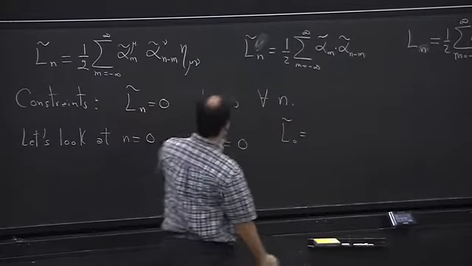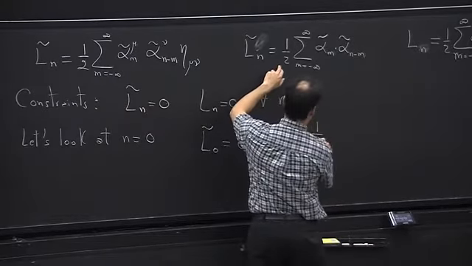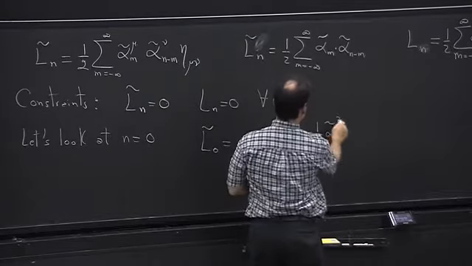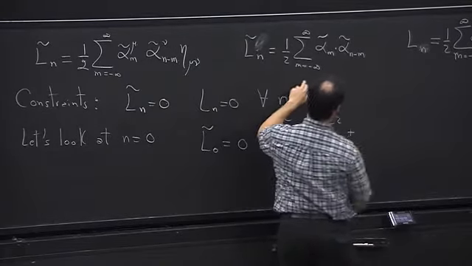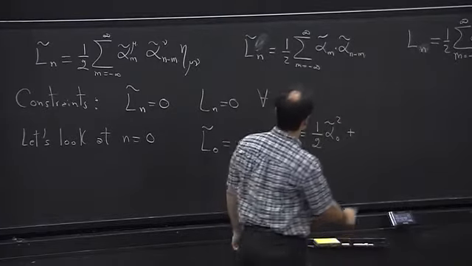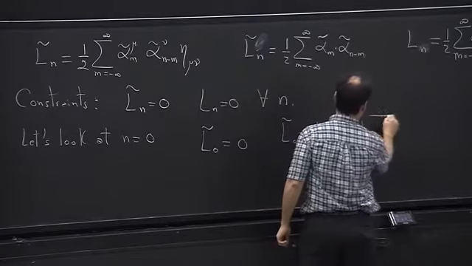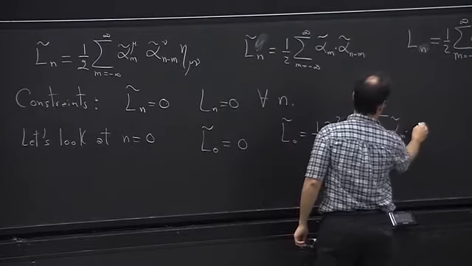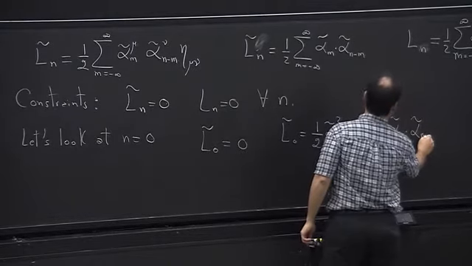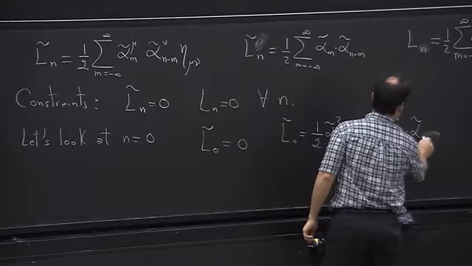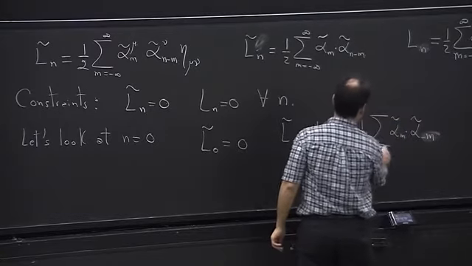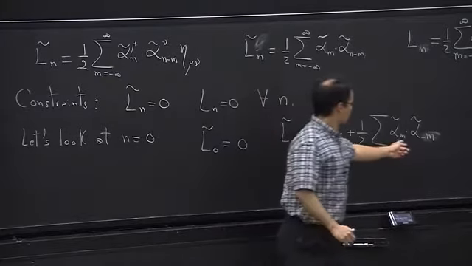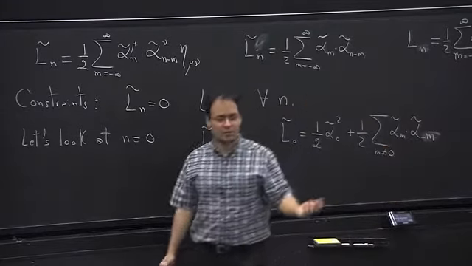By looking at this formula, we get 1/2 alpha 0 squared tilde plus 1/2 of the sum. But note the following. Here we have some double counting, right?